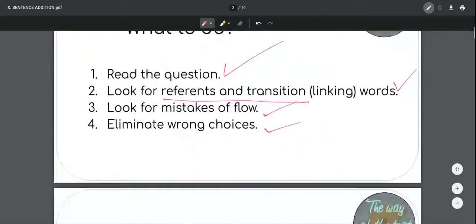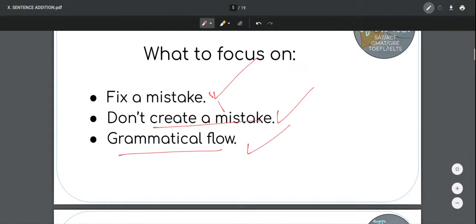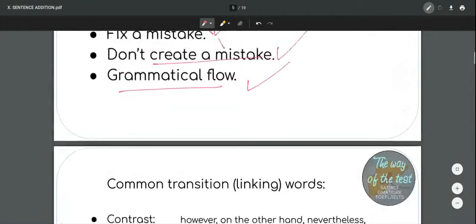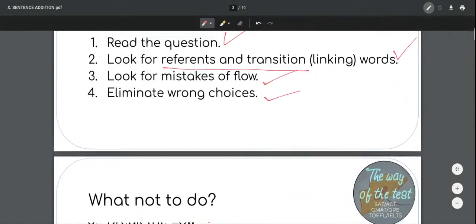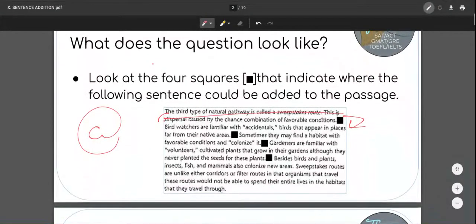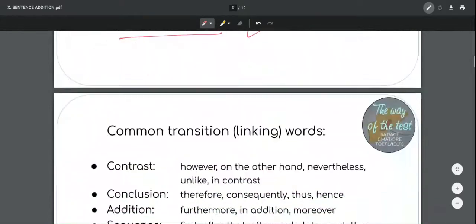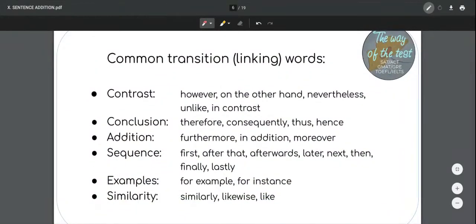There can be a reference mistake, which means I have a reference without a reference, like a word such as he or she without a previous reference. I may have a transition mistake, in which I have the words for example and there's no example. I may have a change in the subject mistake. I may have many different mistakes.